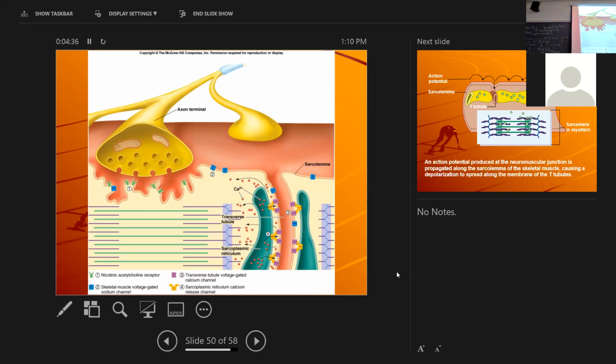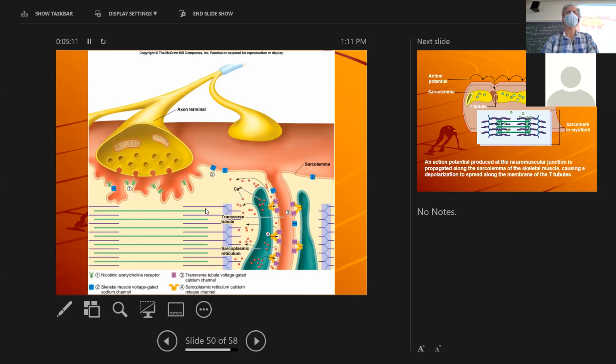But with these channels, when voltage-gated calcium channels are depolarized and open, these release channels open as well. So these open, so do these. And now all this calcium stored within the sarcoplasmic reticulum floods the sarcoplasm.